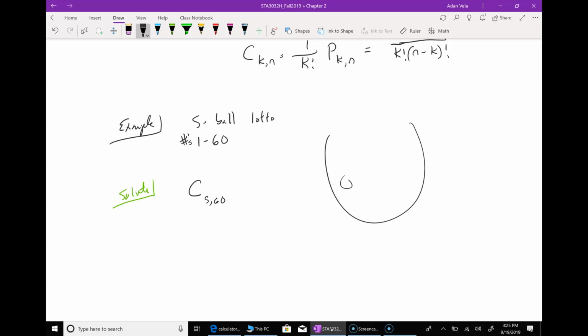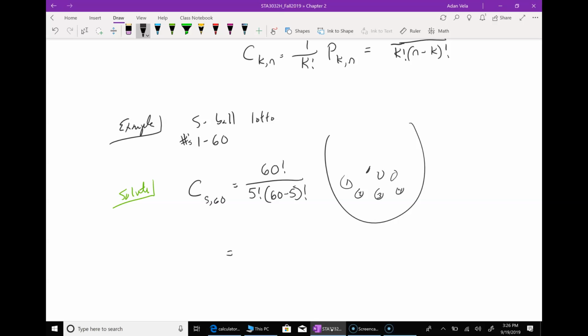Out of 60 numbers, we have this whole set of balls, 1, 2, 3, 4, and we're going to choose 5 out of that. This is the classic example of don't try to take 60 factorial. That's just a really bad idea. So there's the number we want to calculate, and this will give us the total number of combinations of ball draws that there could possibly ever be.